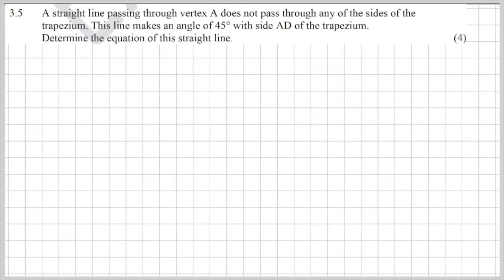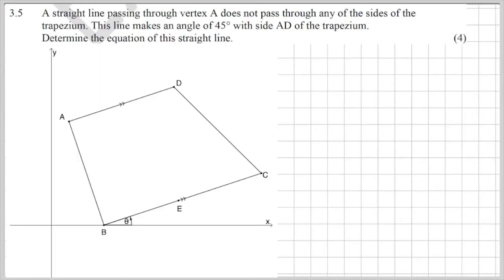Now we get to a very interesting question. For those of you that struggle with English or with analyzing a question, it really helps to draw what they are telling you here. So they say a straight line passes through the vertex A. In other words, a line goes through A, but doesn't pass through any sides of the trapezium.